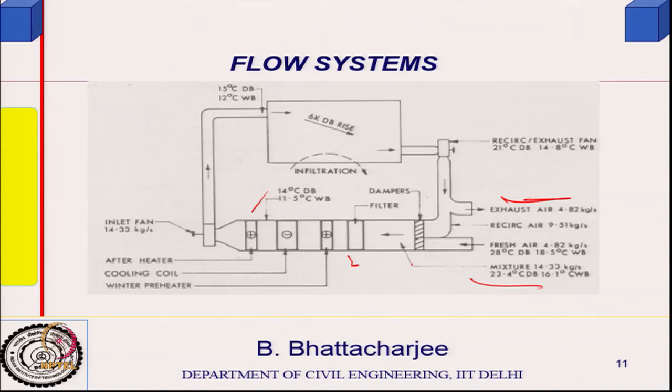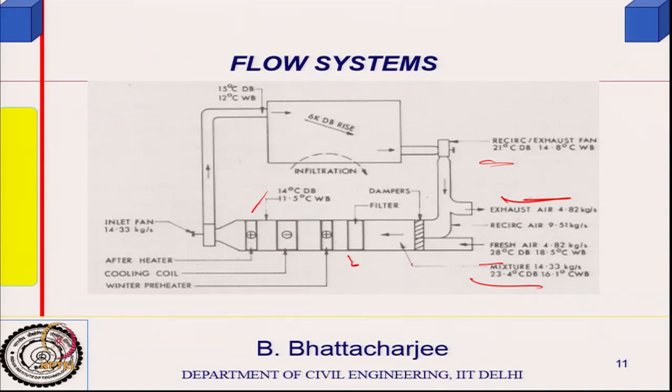For example, in this recirculated air, the room temperature is 21 degrees centigrade dry bulb temperature and 14.8 degrees centigrade wet bulb temperature, right. And here this is fresh air, outside is 28 degrees centigrade dry bulb temperature and 18.5 degrees centigrade wet bulb temperature.